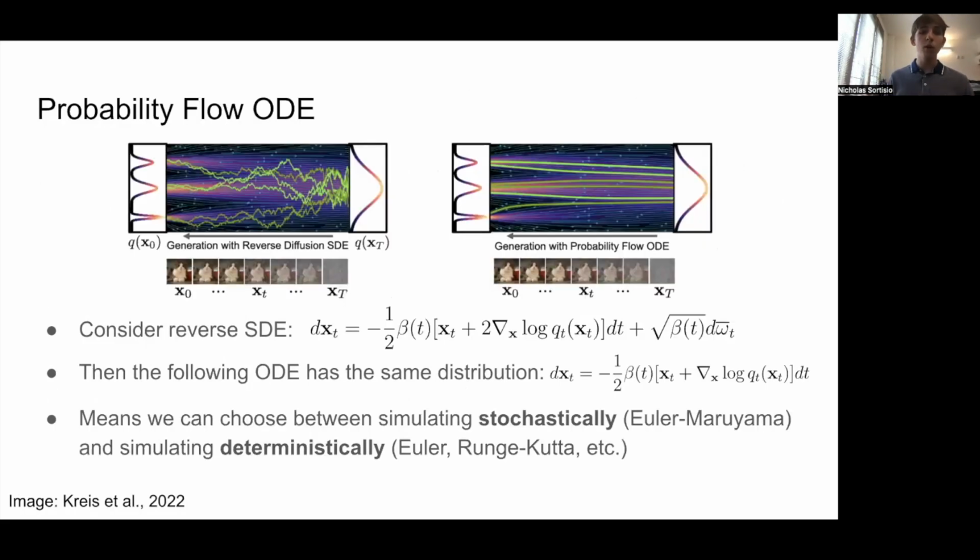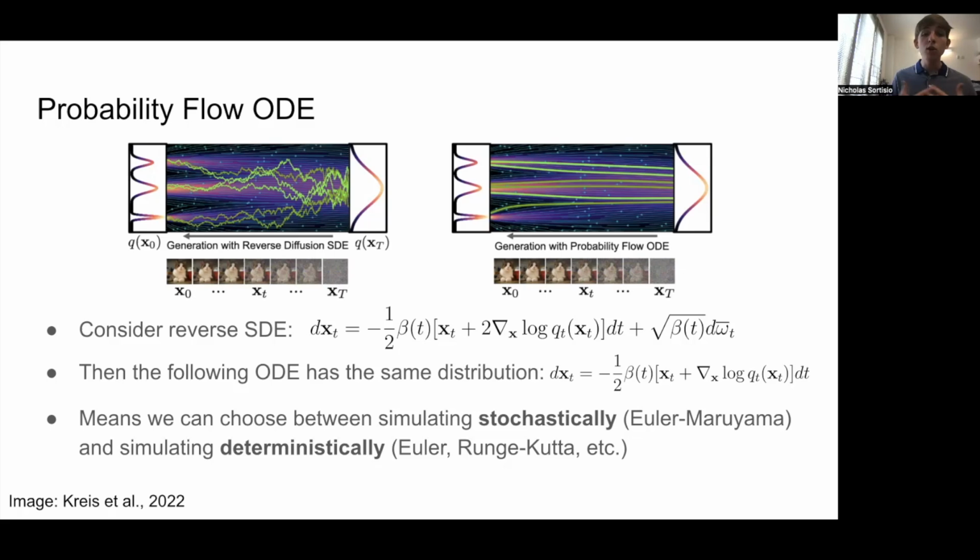So the probability flow ODE, you can show that for any of these reverse SDEs, there's actually an ODE that has the same marginal probability distribution as the original SDE. And so this is often called the probability flow ODE because it's just an ODE that describes how the probability flows between the prior and the data distribution.